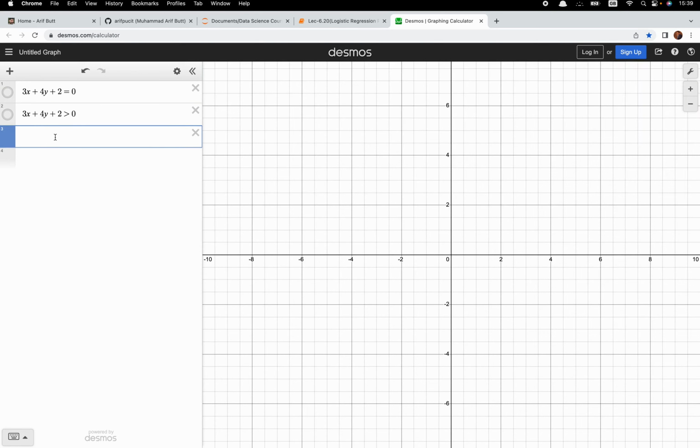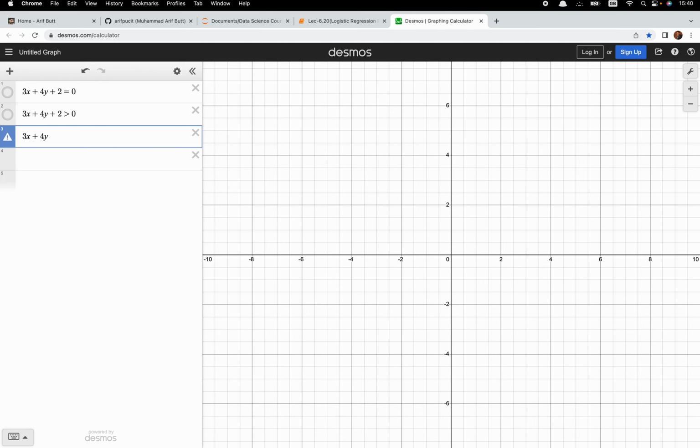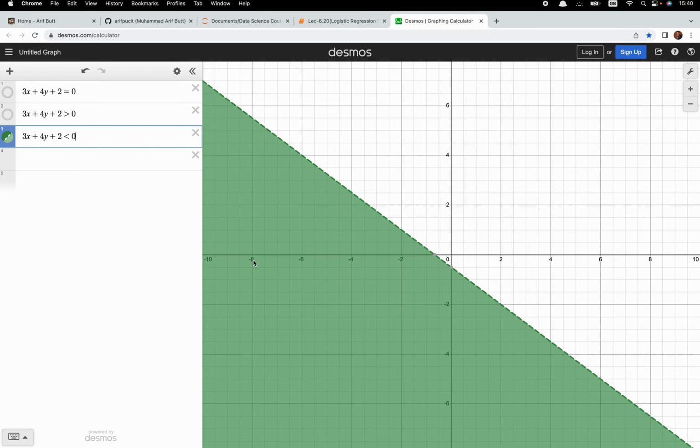And if I say, let's suppose 3x plus 4y plus 2 is less than 0, so this is the negative region that belongs to another class.